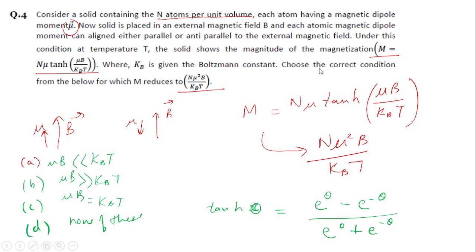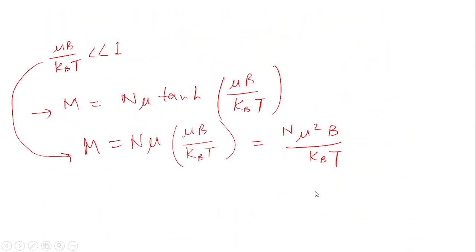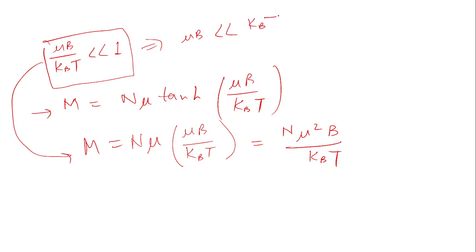And we were asked under which condition magnetization reduces to this. That is what we got when we considered that theta is very, very small. What this means is mu B is very small compared to k_B T, right? We send this to the right hand side, it will come here.